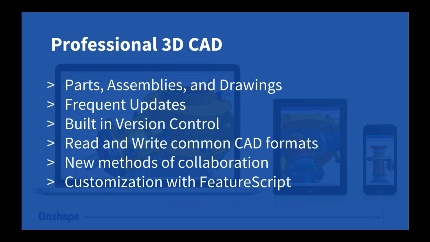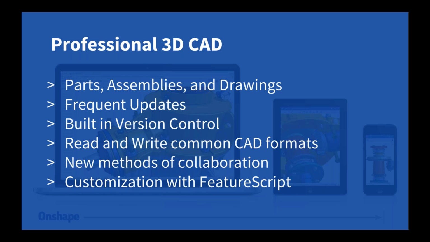Now, the other thing to mention is with Onshape comes built-in version control. So keep in mind, you don't have to have a separate data management application, a PDM application, quote unquote. You can use Onshape's ability to version control within the document. Also, the ability to import and export common CAD formats. So if you have a library of CAD data in another format, maybe you've come from another CAD system or you just have this big library of CAD data, chances are we can work with that data.